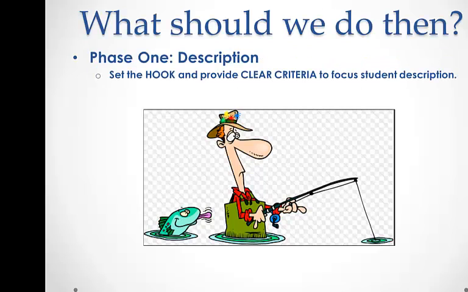Okay then, if you don't want to fall into those pitfalls, what should you do? Well, in phase 1, you have the students work on a description of the 2 topics. All right, so you give them a nice little graphic organizer to help them, and you help set the clear criteria for them to focus.